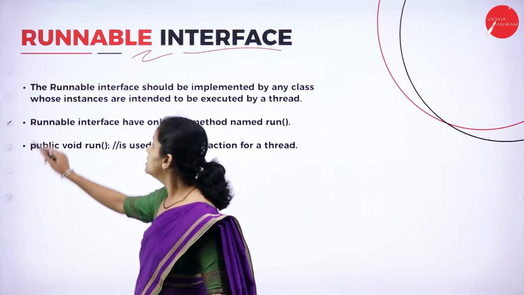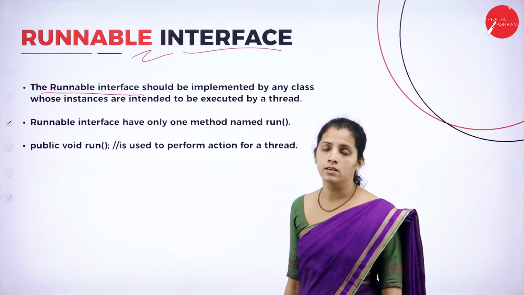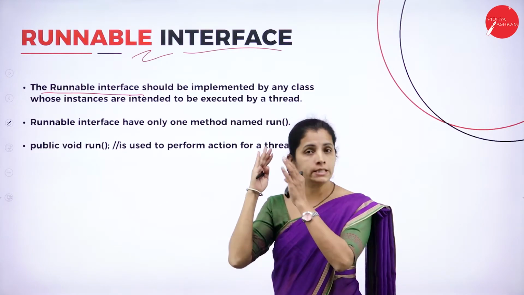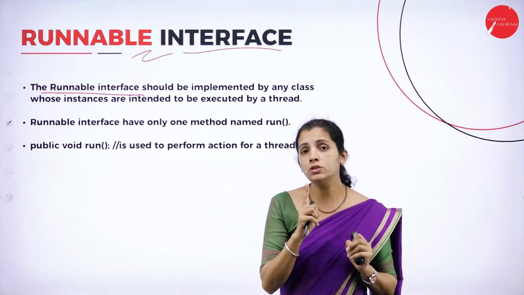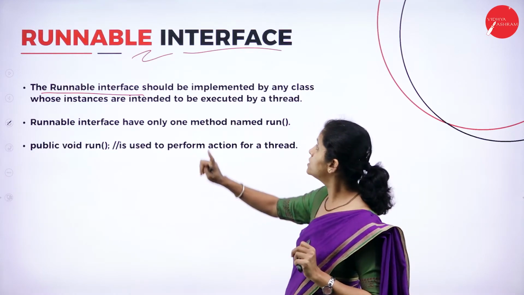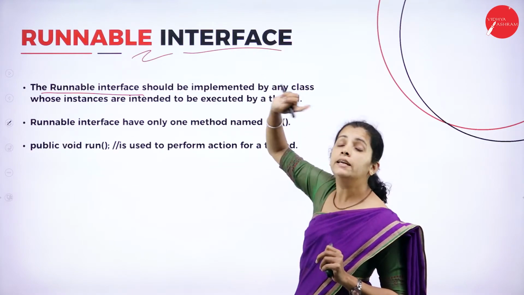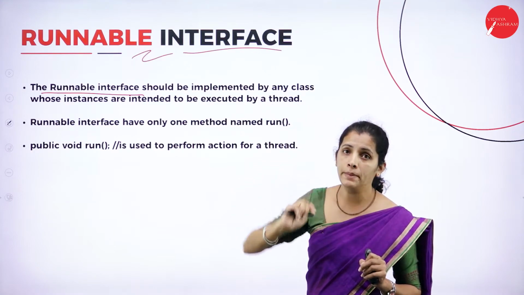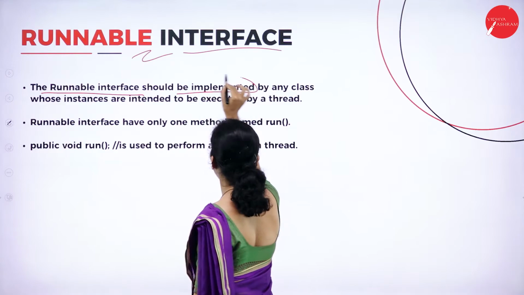See here, the Runnable interface should be implemented. Dear student, please make a note here. When I'm going to use the Thread class, then it is extends. I want to use the keyword extends. And when I'm going to use the Runnable interface in a thread, here it is an interface. When it is an interface, then it is implements. So the Runnable interface should be implemented.